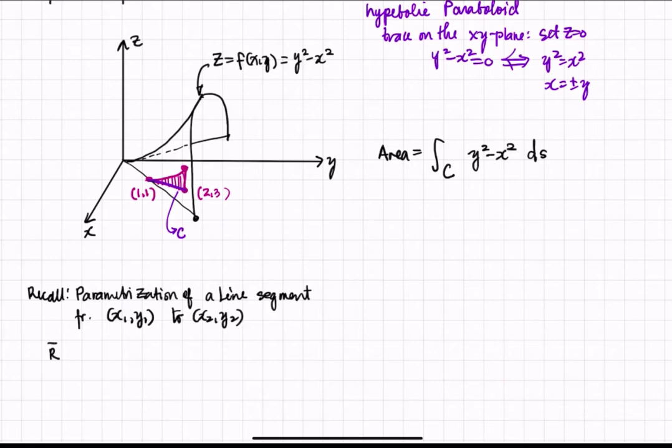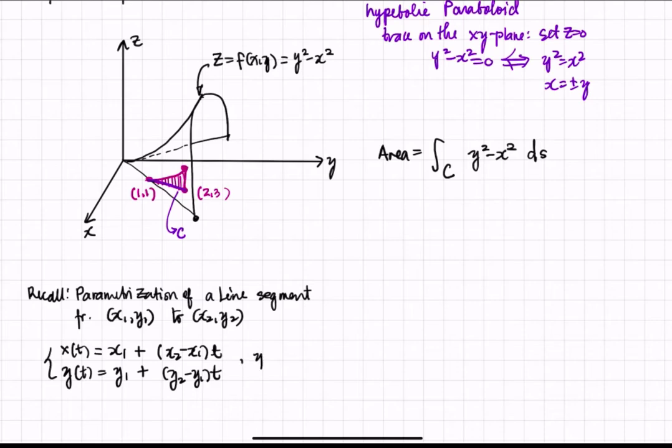So you can do this, parametric first. The initial point plus x2 minus x1 times t, y2 minus y1 times t, where t is between 0 and 1.